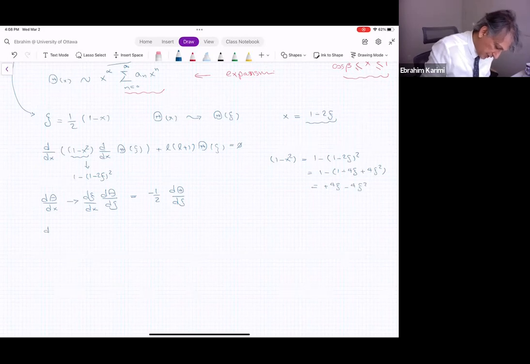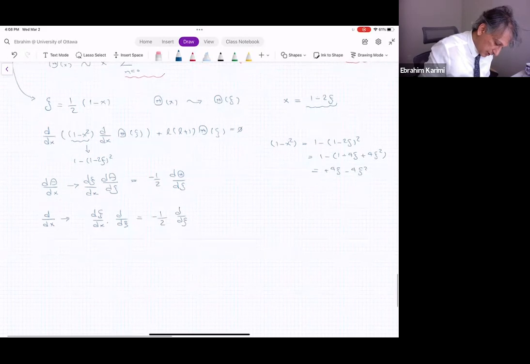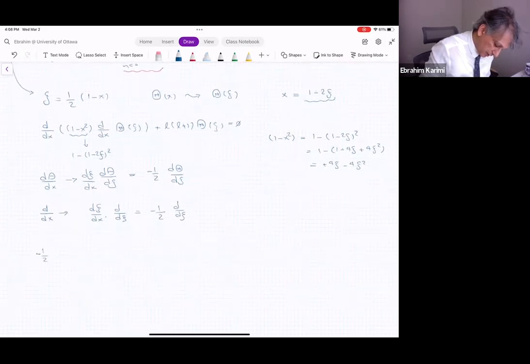So the entire expression above will have the factor minus 1/2 d zeta. Then 4 will be factored out, zeta will be factored out, and it will be 1 minus zeta.